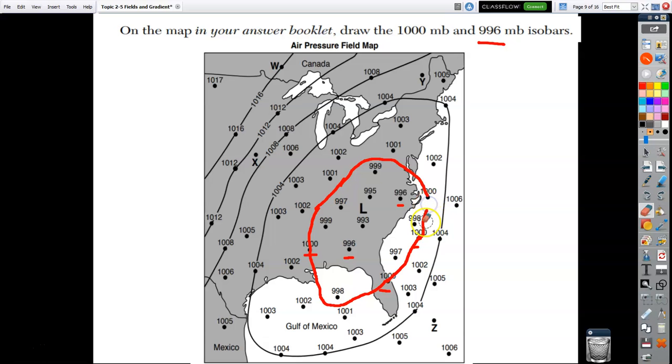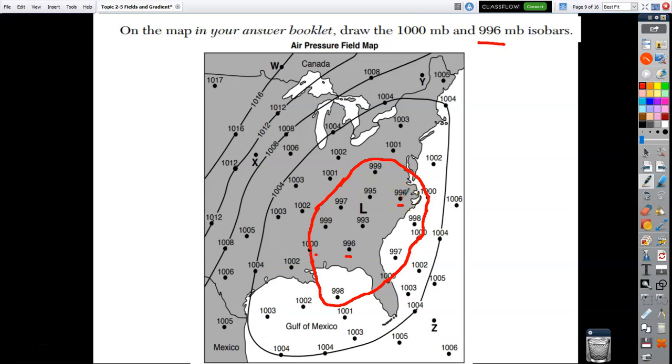No. Go back and erase them so that they're not stray marks, because you don't want to make stray marks. I like to tell kids to leave the line there for now, just till you see them, so it shows you where they are. But you've got to go back and erase those stray marks. Don't leave them. So I got a 996, I got a 996, and I think that's it.